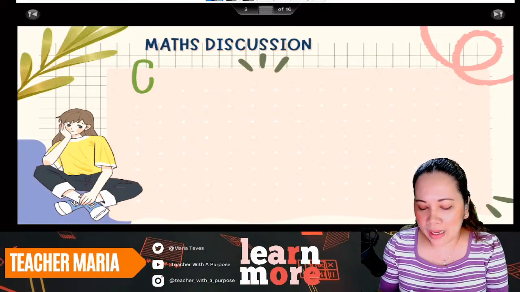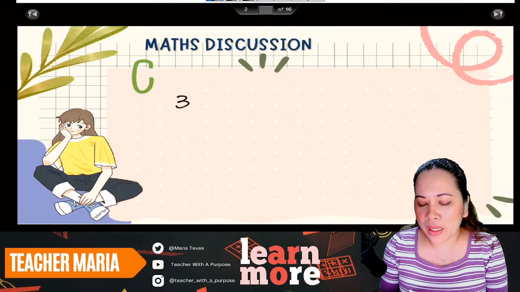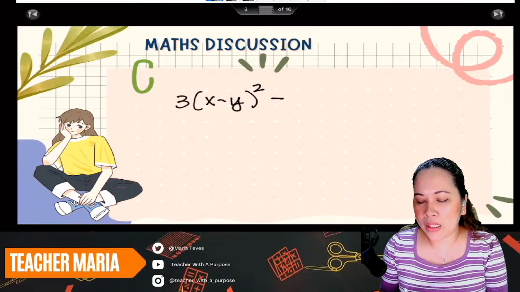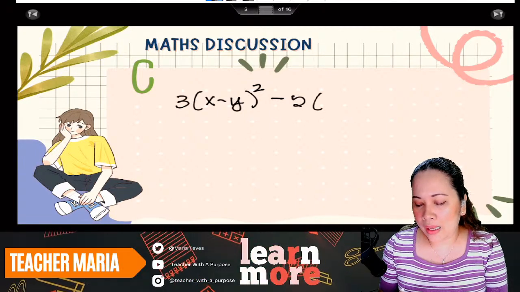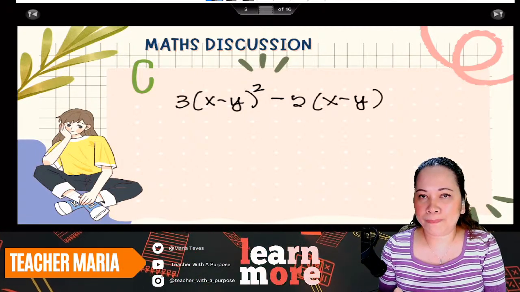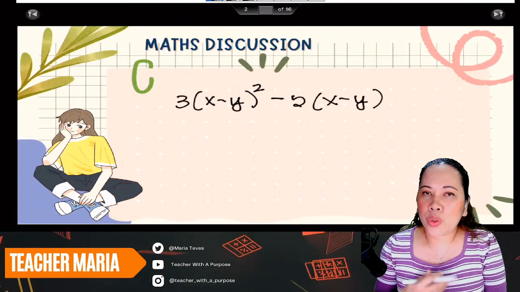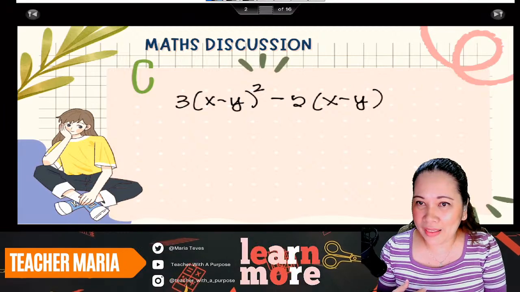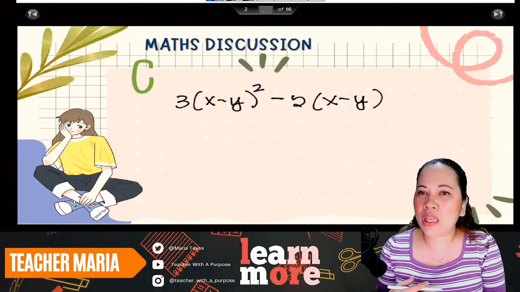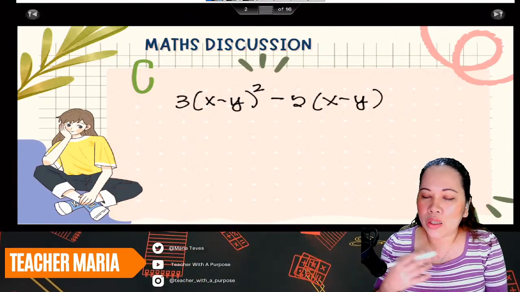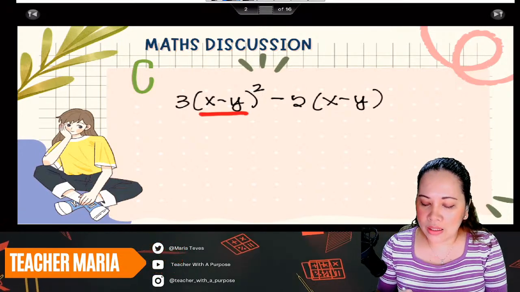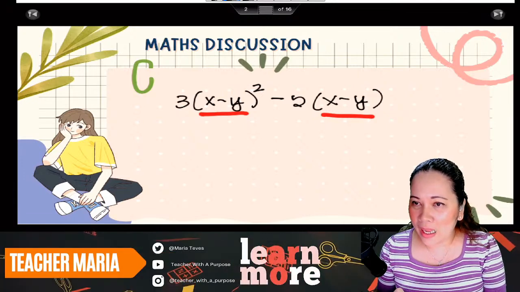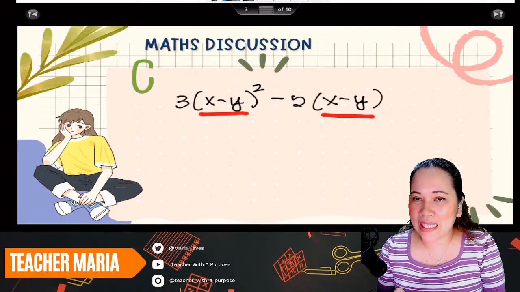So let's say I have (3x minus y) squared minus (2x minus y). Since you have brackets again, do not expand the brackets because you will just be complicating things. You just need to check, are your brackets the same? If it is the same, then you treat it as a term.